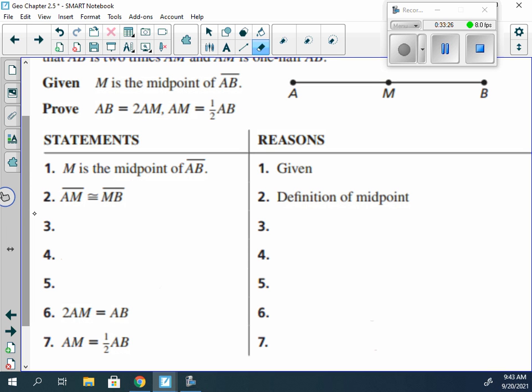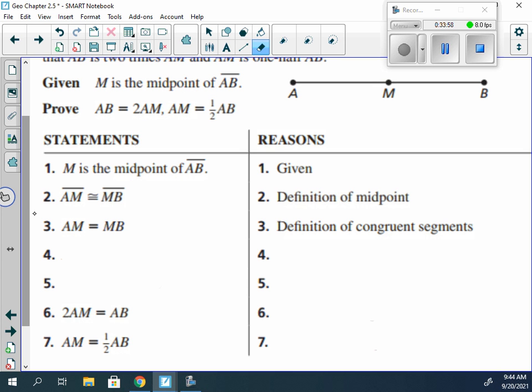That's what a midpoint is. Well, if the 2 segments are congruent, it means that they are what? That's just the definition of congruent segments.